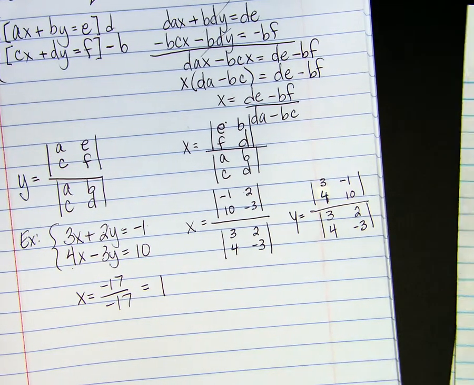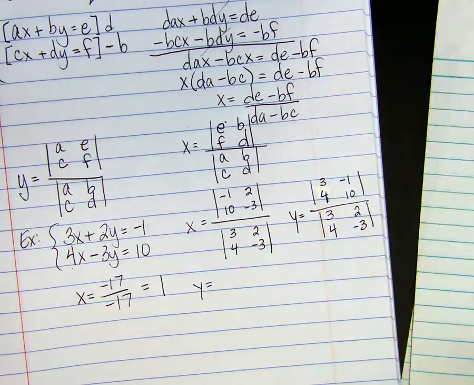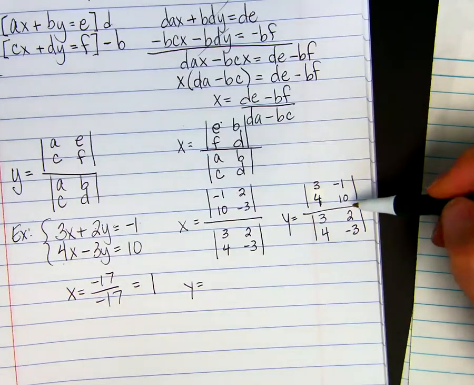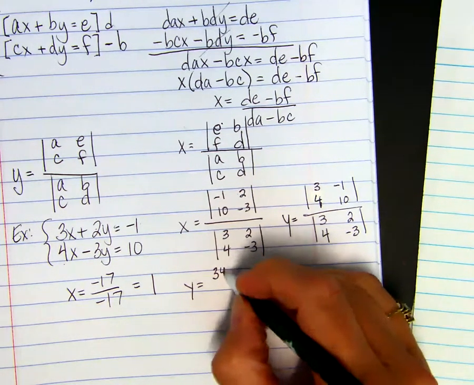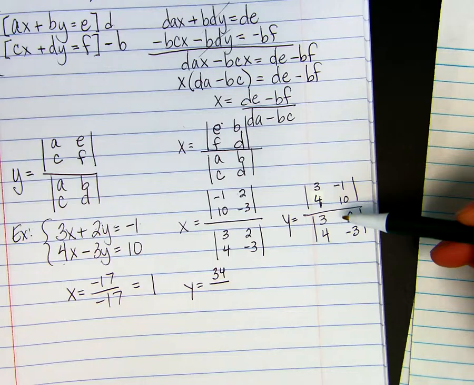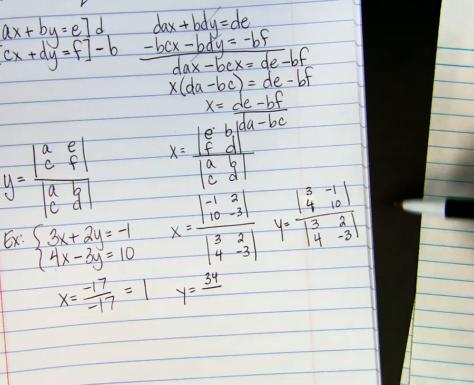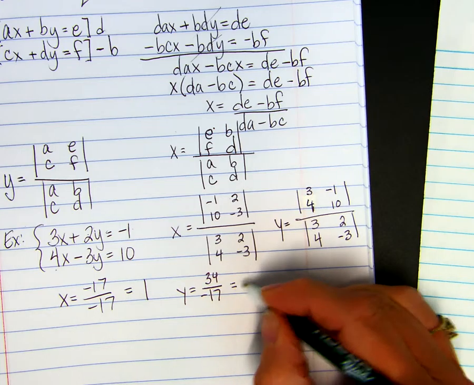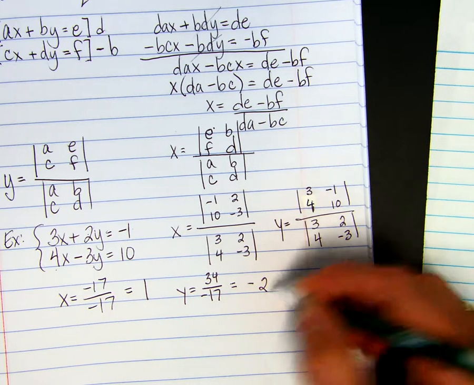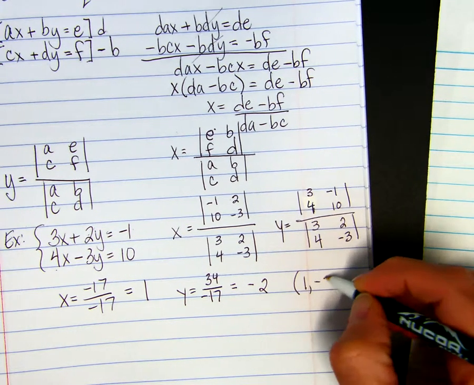And y would be, we do 30 minus -4, so that would be 34, and then we have -9 minus 8, we already know that's -17. So y would be -2. So our solution is 1, -2.